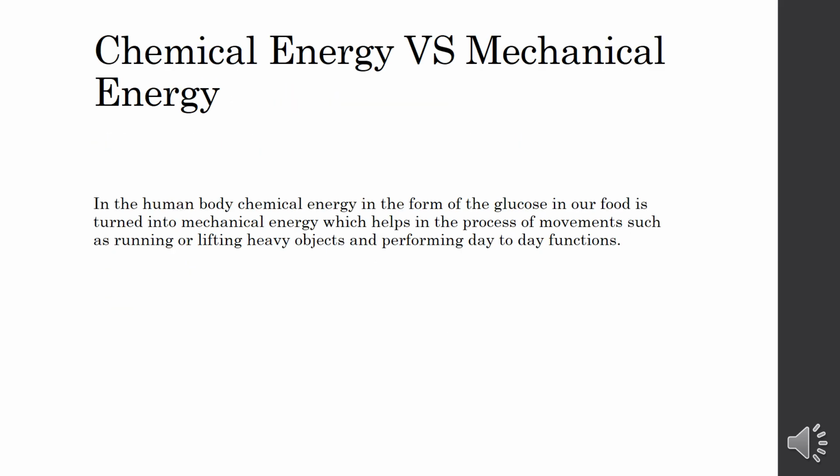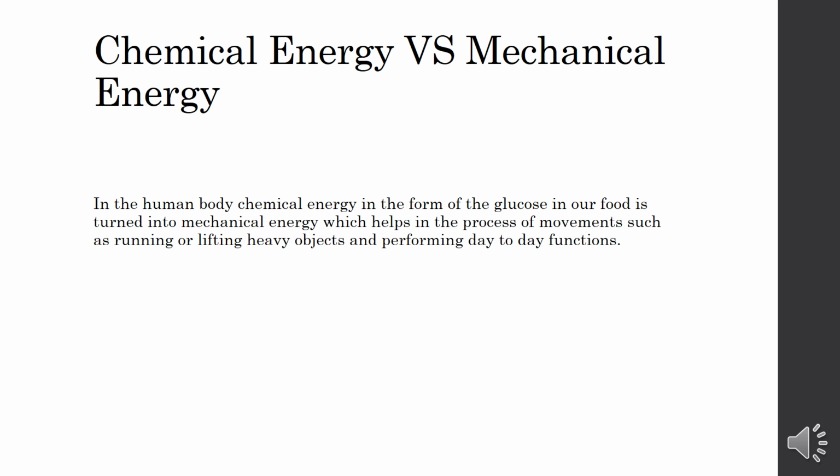Now, what is chemical energy versus mechanical energy? In the human body, chemical energy is in the form of glucose in our food. Whatever food we consume, there's a part of it that contains glucose. That is basically the chemical energy for the human body. It is turned into mechanical energy with the help of a certain process that we're going to study in future lectures in detail.